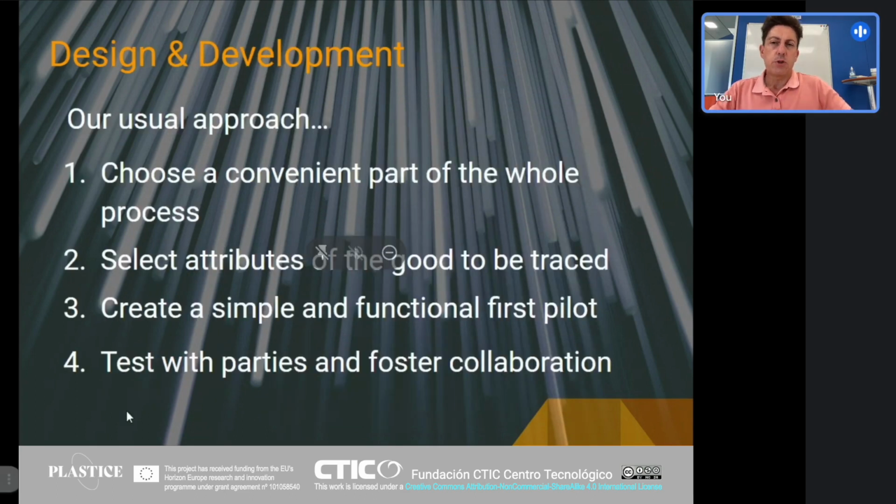Our usual approach to design this type of tools is this one. We have to choose a convenient part of the whole process. Why? Because as I said, we use back traceability, not everything, not the traceability that you may need for your own processes to create some middle product and things like that, because the way you do that, sometimes the end consumer does not care about that.